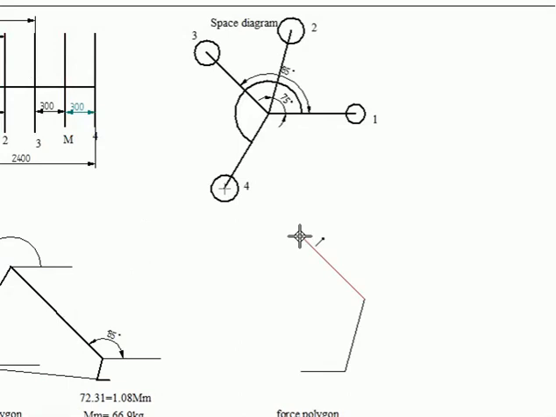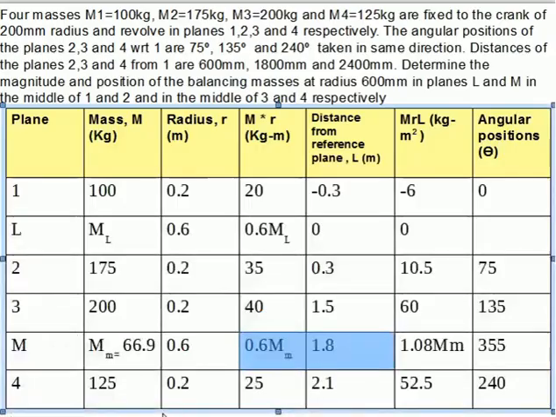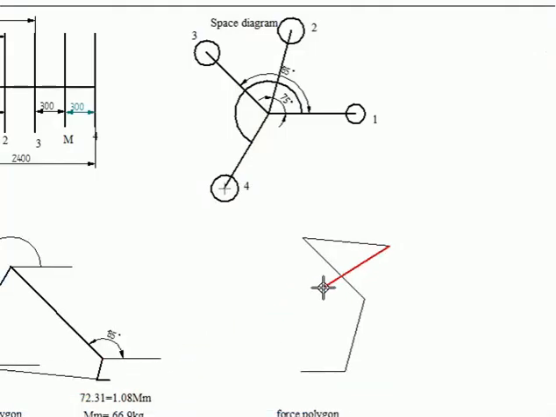So length of the next line will be 40.14 inclined at 355 degree. Length of the next line will be 25 inclined at 240 degree.